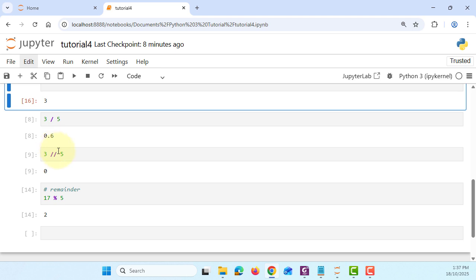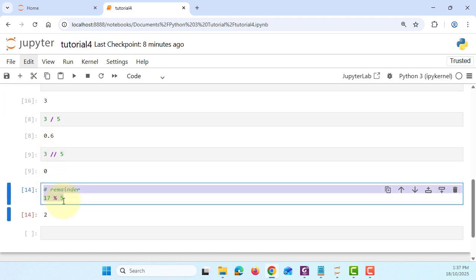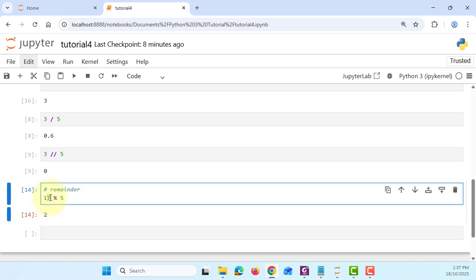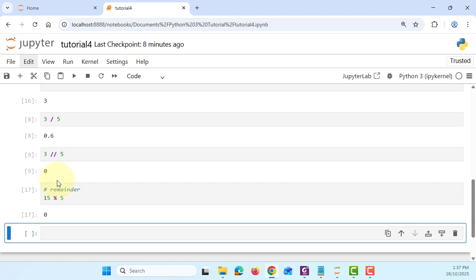And then the last one here is the remainder. 17 divided by 5 can be divided by 3. So 3 multiplied by 5 is 15, the remainder is 2. Maybe if we change it to 15, the remainder is 0. That's all about the arithmetic operators in Python.